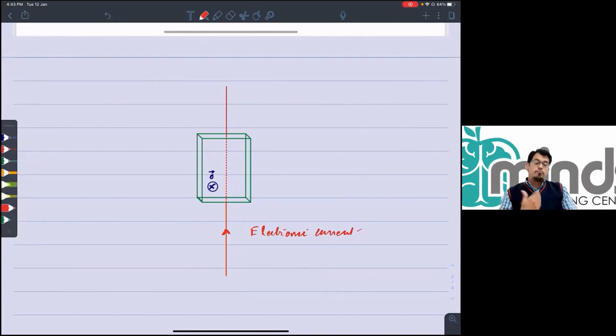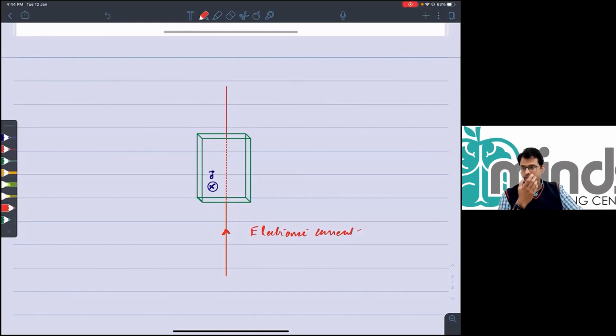But in the presence of a magnetic field, the electron will take a curved path. And when I say the electron will take a curved path, just tell me one thing: will the electron be shifted towards the right side of the metal or towards the left side of the metal? Just answer this question, the rest of the working I will be doing. Towards the left side.